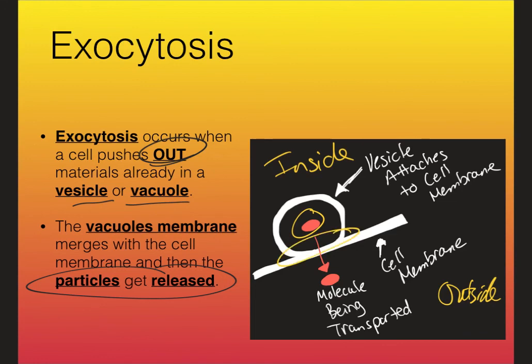It merges with the cell membrane, and then right there, it opens up. I know you can't really see it, but it would open up right here in this little section, and then that molecule is able to be pushed out. So this is exocytosis. What I write here is the word exit to help you remember that when exocytosis is occurring, molecules are exiting the cell.